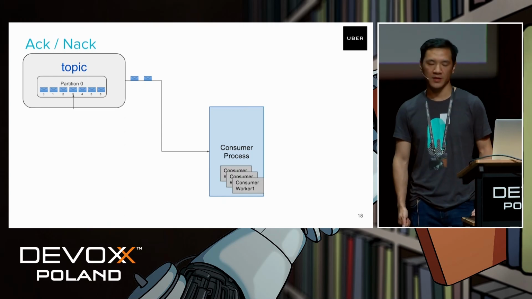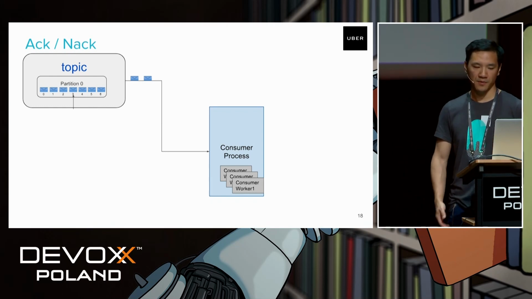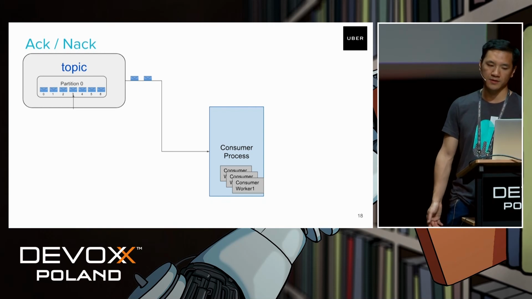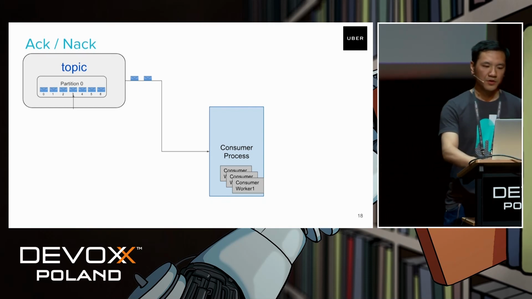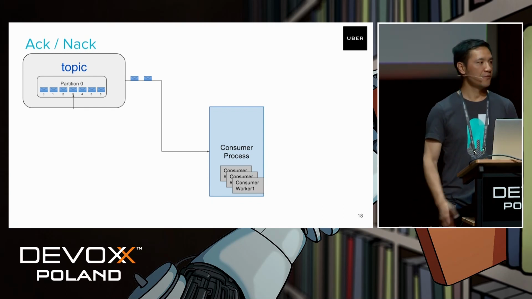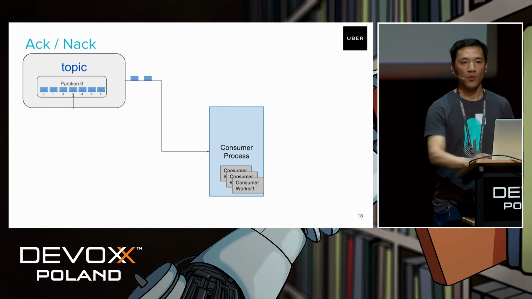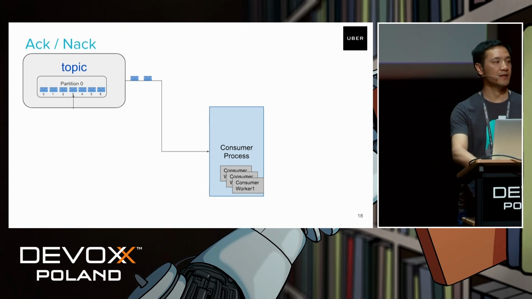Within this consumer process, it may want to spawn multiple thread workers to process the messages. To keep track of the progress for different workers and for out-of-order nack, we need to provide an in-flight offset checker within the process itself.